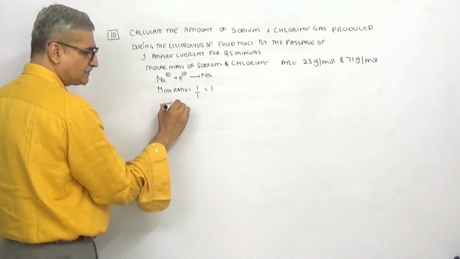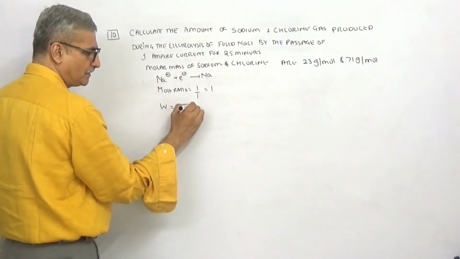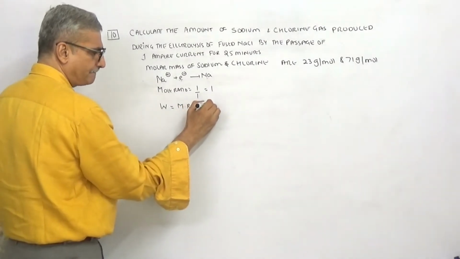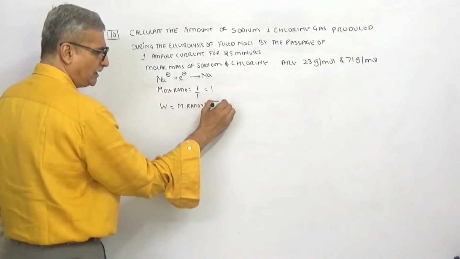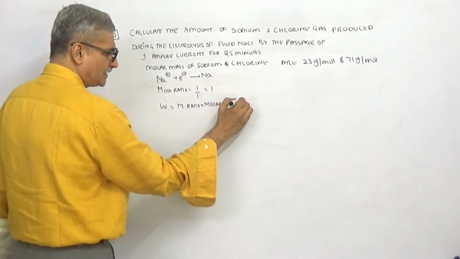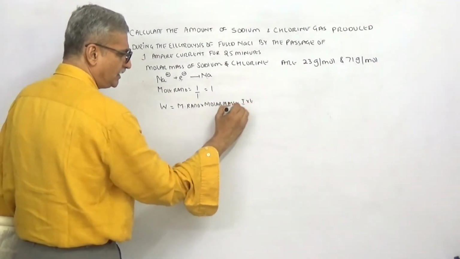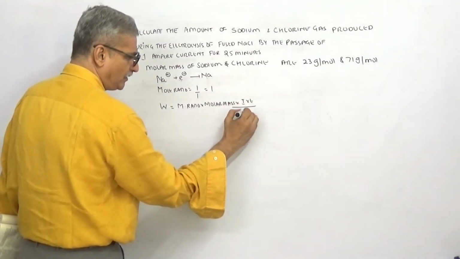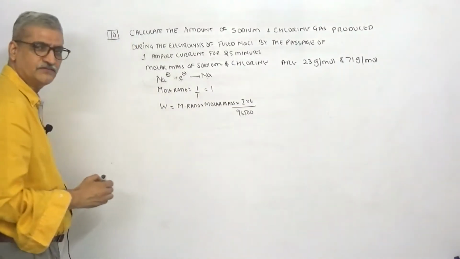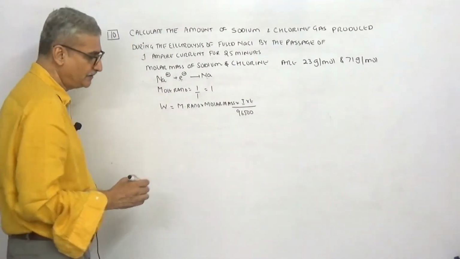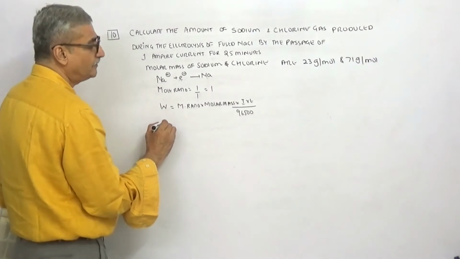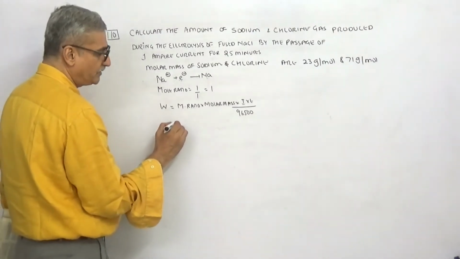So weight of substance will be mole ratio into molar mass into I into T upon 96,500. Weight is what they have asked, weight of sodium.